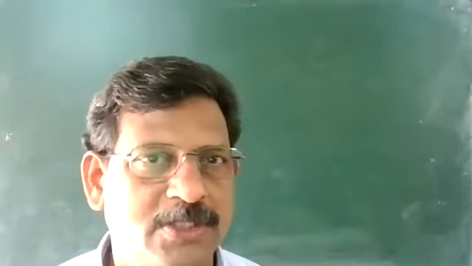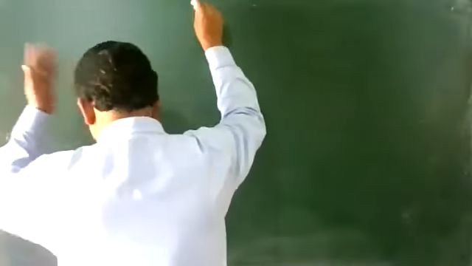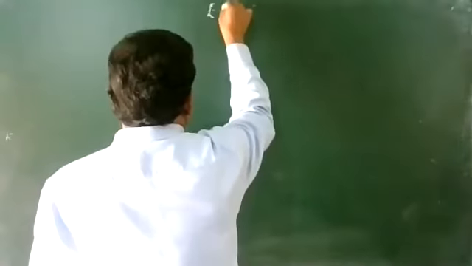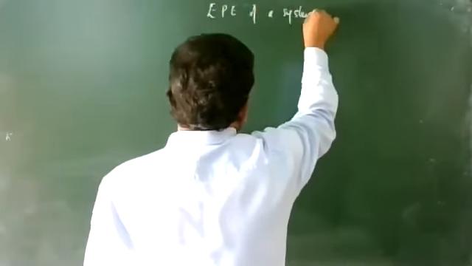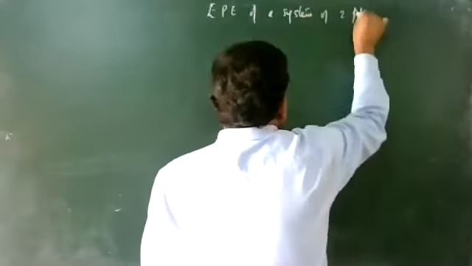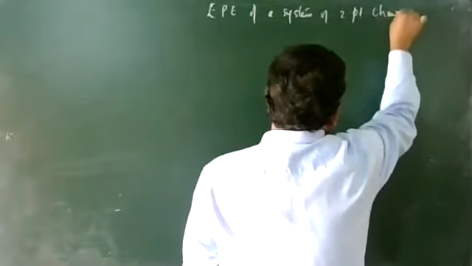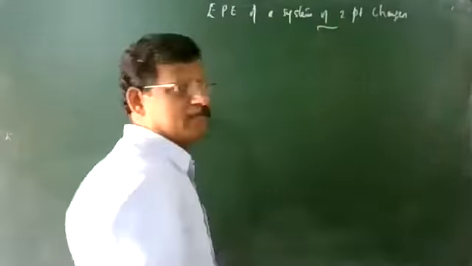We can have two charges, three charges, four charges. First one, electrostatic potential energy of a system of 2 point charges. Very important. All these are very, very important.